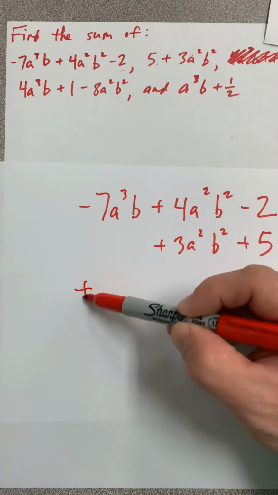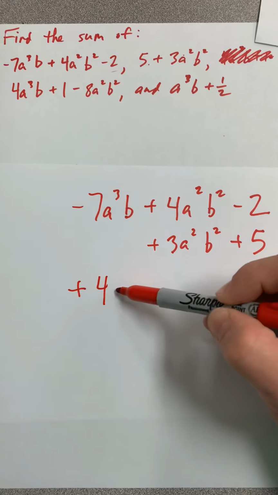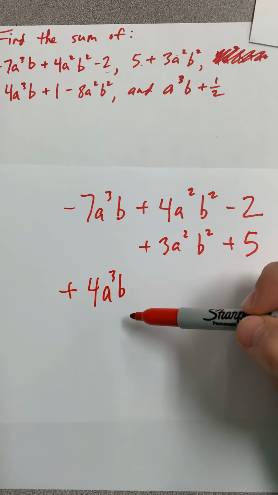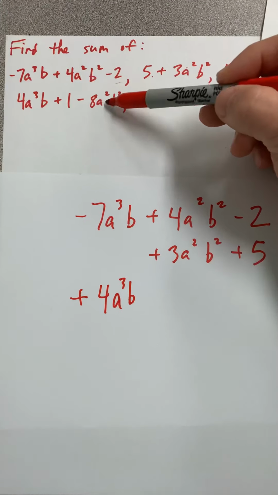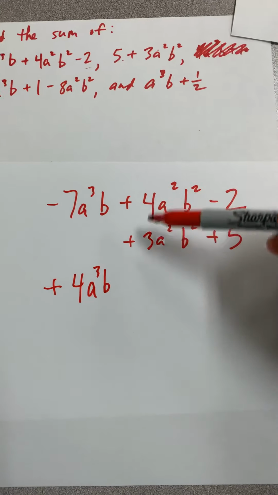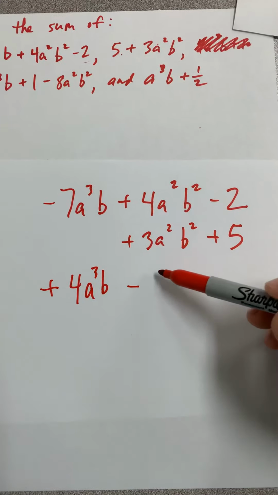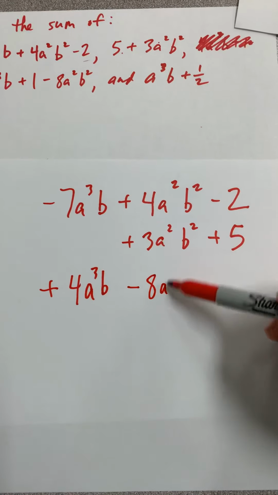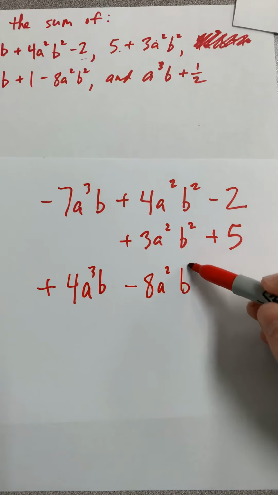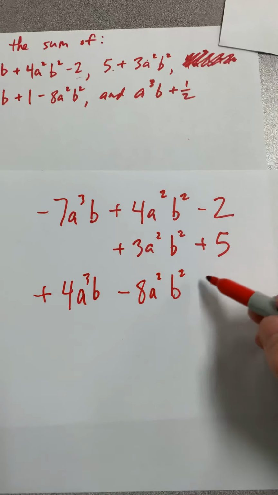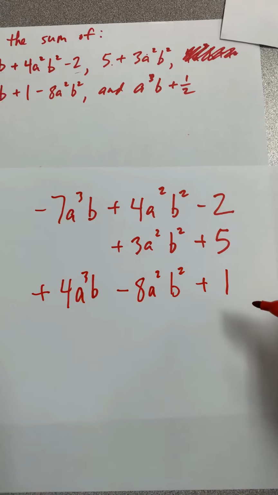That's a positive 4a cubed b, okay? Then we have negative 8a squared b squared. That's going to line up with this column. Negative 8a squared b squared. Okay? And then I have this positive 1. And it's going to line up right there.